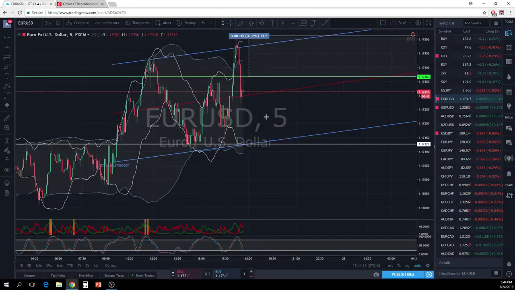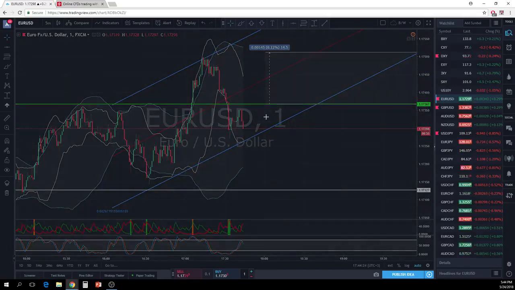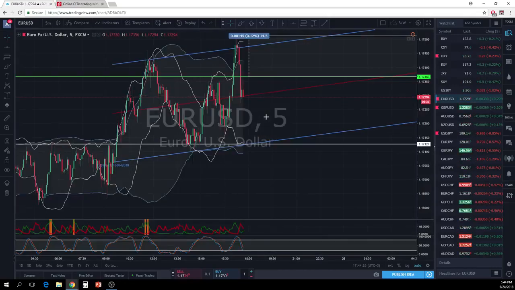If we look at the 5 minutes, I doubt it will decrease anymore from this part. Realistically it could decrease a bit more right now, but afterwards it should start increasing again.